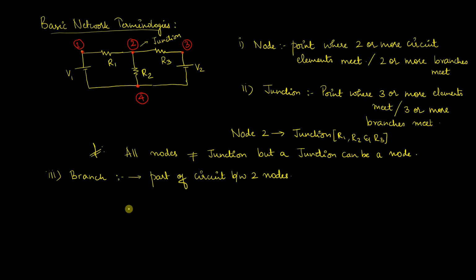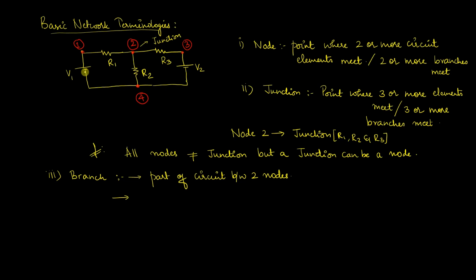That is why in the definition of the node and the junction we saw, where 2 or more branches meet, it becomes a node. Where 3 or more branches meet, it becomes a junction. So we have one branch which is V1, another branch which is R1, the third branch is R2, the fourth branch is R3 and the fifth branch is V2.